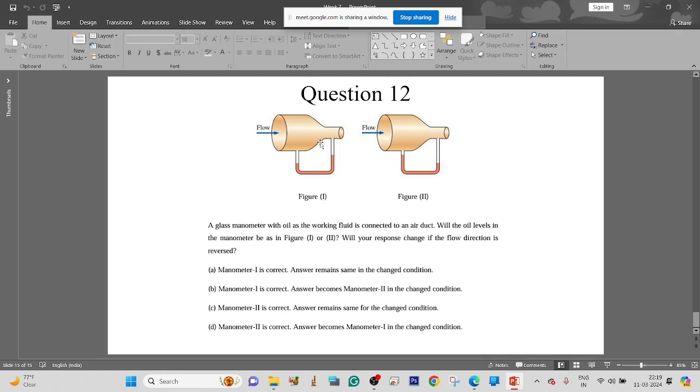And as the cross section is changing, the velocity variation will also be there. The velocity head will be there, but the potential head won't be there. That means the gravity GZ part won't be there. Only the pressure gradient and the velocity gradient will be there if we apply Bernoulli's equation.